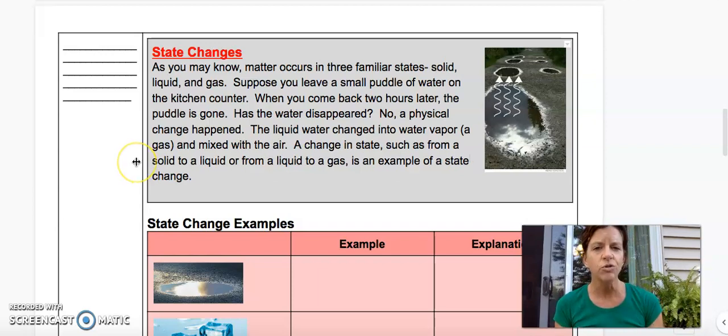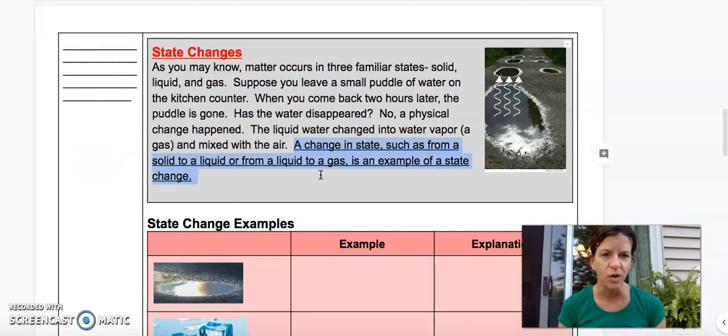All right? So students, the sentence we need to underline has to be what a state change means, okay? Not about the examples of the puddle or the butter melting, but what is a state change? If you said that we should underline that sentence, you are correct because it's telling us a change in state.